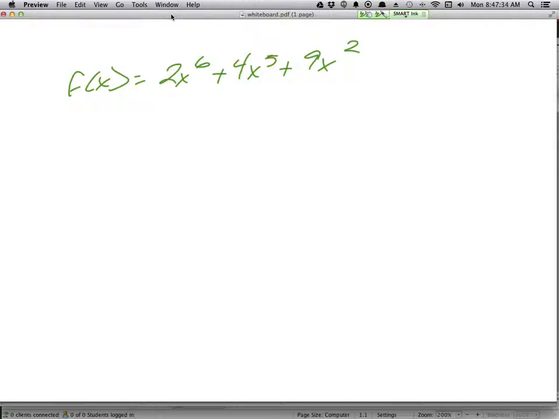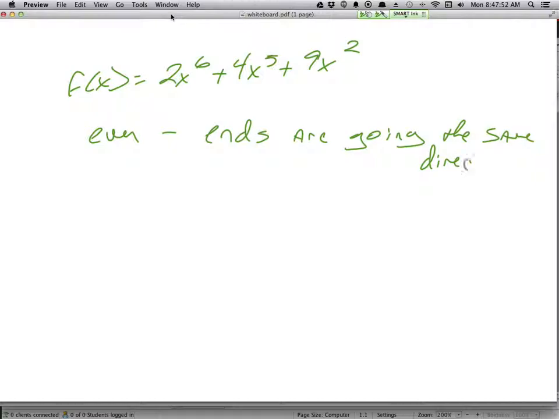Okay, so if it's even, that means my ends are going the same direction.